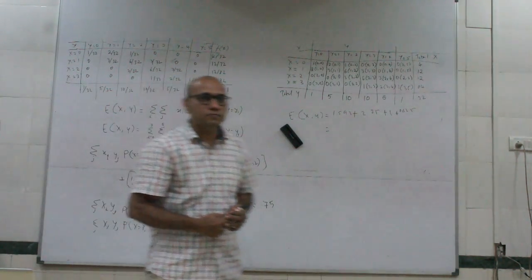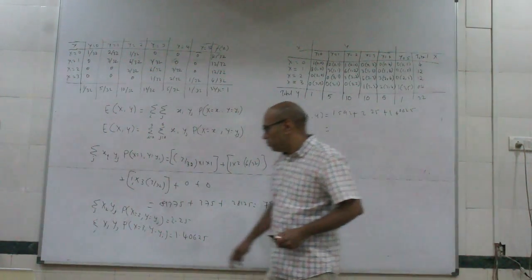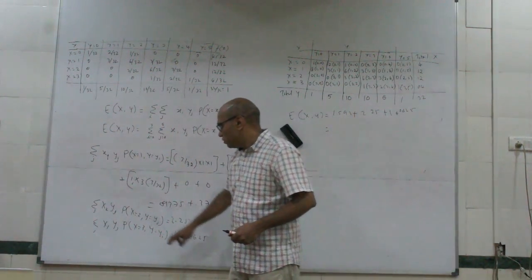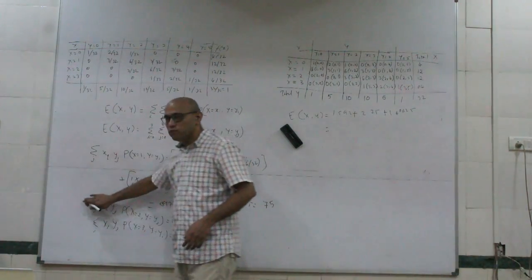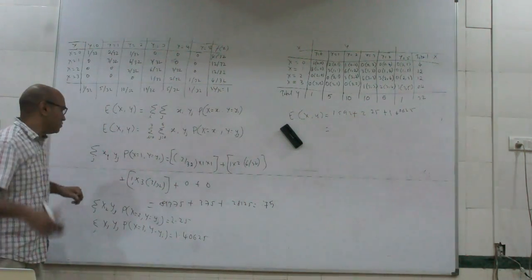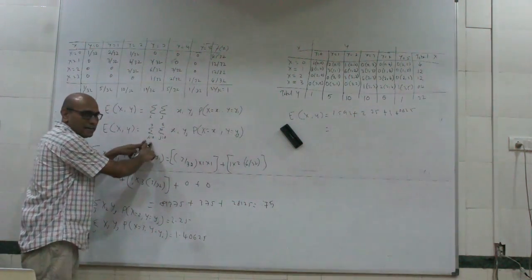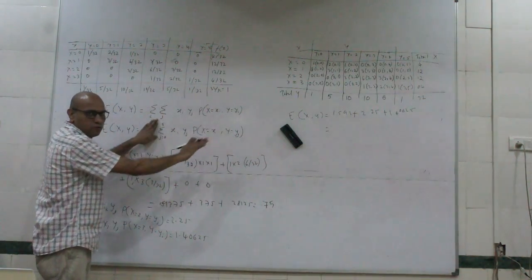Coming back to that, why are we writing 2 with summation j for the second one when x is equal to 2? That part I did not explain. If i takes value 0, you are doing this summation for 0, it's 0, we're not concerned.